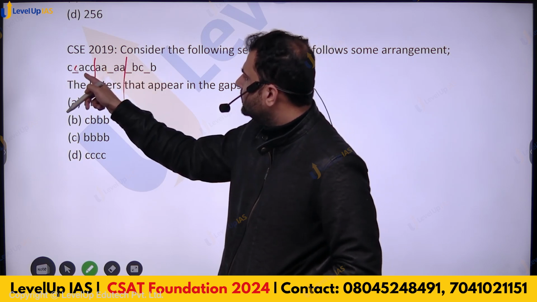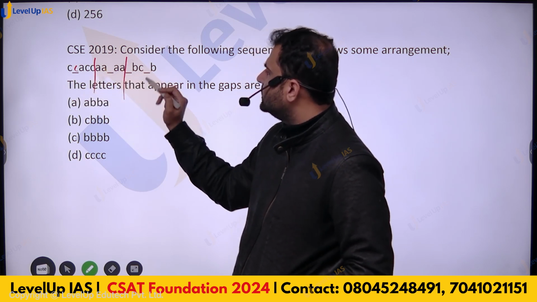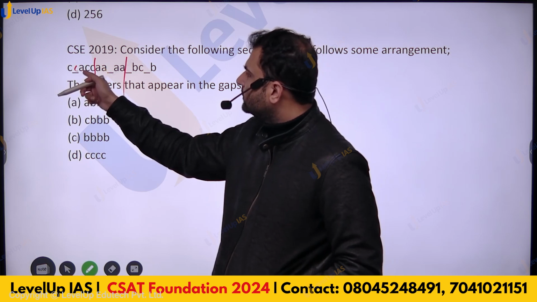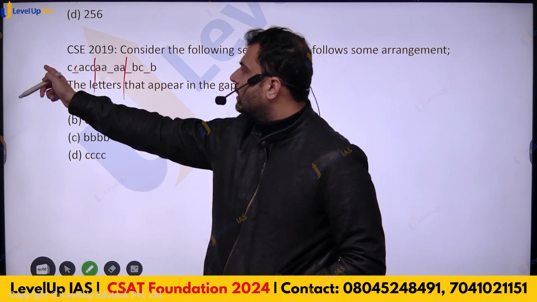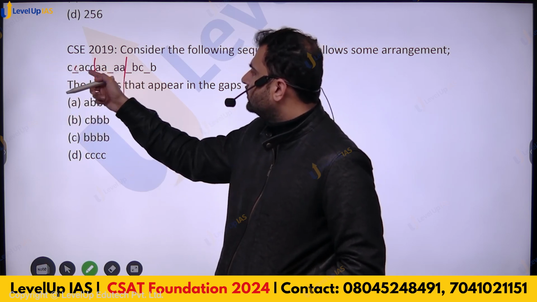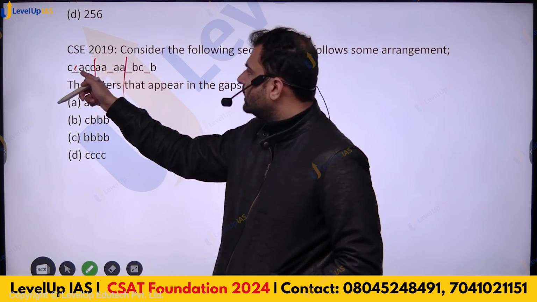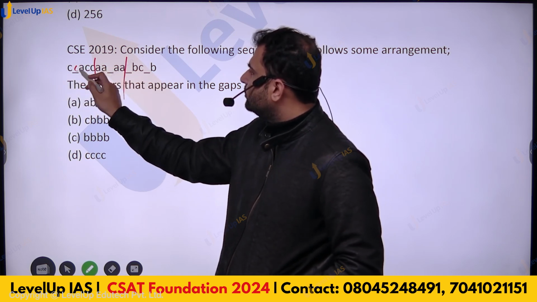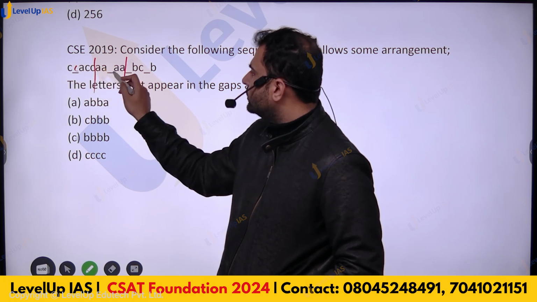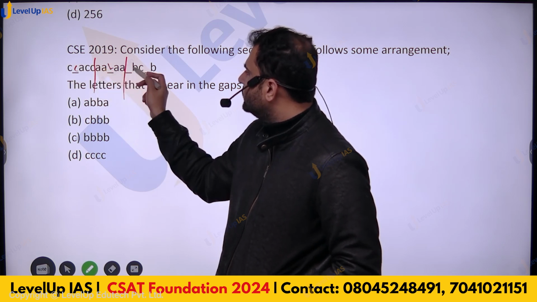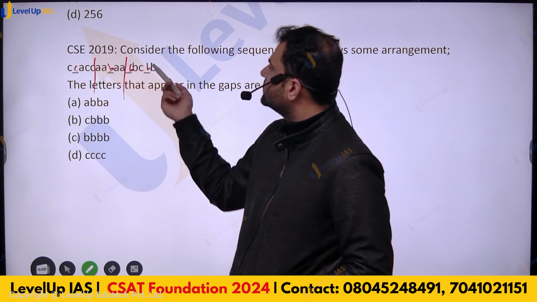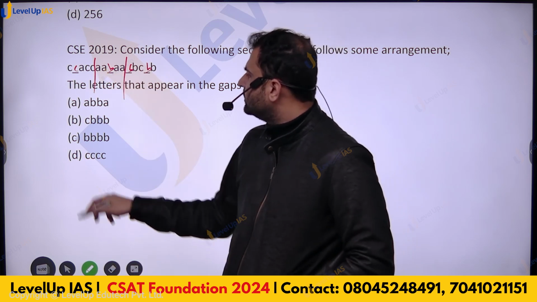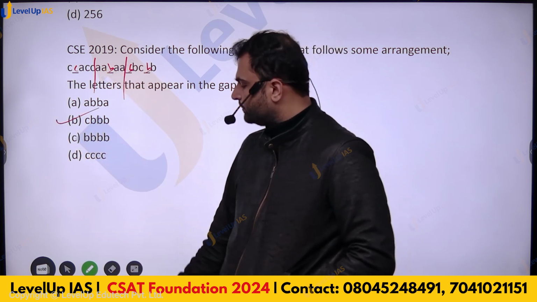Next, here it is A, here it is something, here it is C. So whatever letter was in the middle is coming out, and the next letter is going in. Whatever letter was in the middle, here A, it is coming out. So here it will be B, which has come out here. So it is BB. So C, B, B, B. B is going to be the answer.